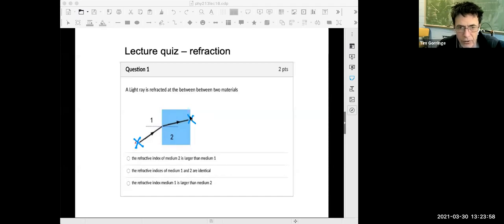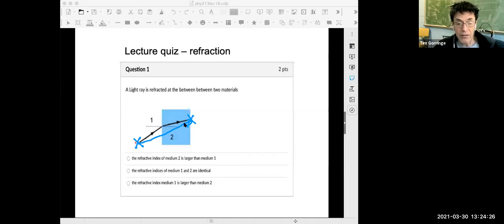Well, supposing you're a lifeguard that's taken physics 213, you'll know that you don't want to take the shortest path to get to the swimmer, the drowner. And you don't want to do that because you may be a good swimmer, but you can run faster on the sand than you can swim in the water.